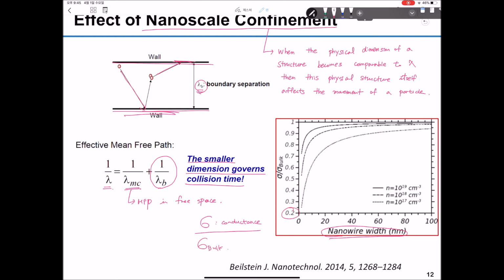So the lower volume means that the nanowire conductance is much smaller than that of bulk. And here you can see that it decreases sharply as the dimension becomes smaller. And this is the doping level. I'm going to talk about doping in the silicon part, so if you are not familiar with doping or the extrinsic charge carrier, you can just disregard this part.